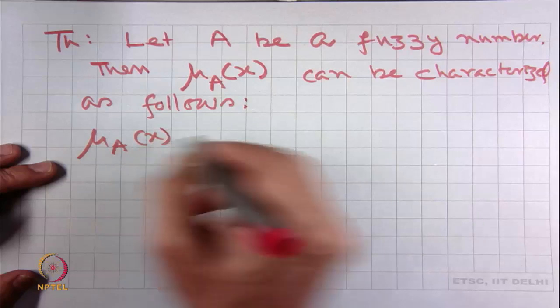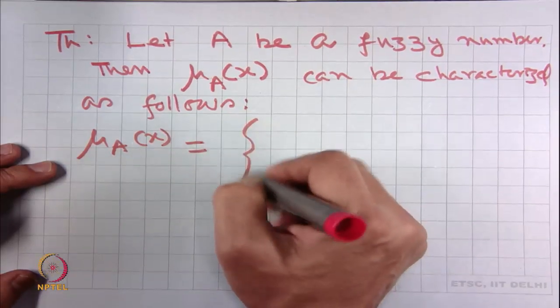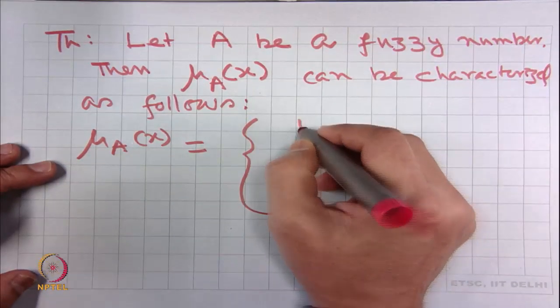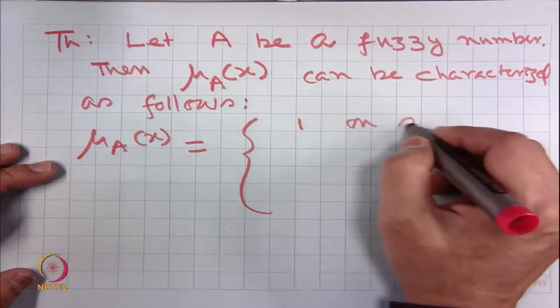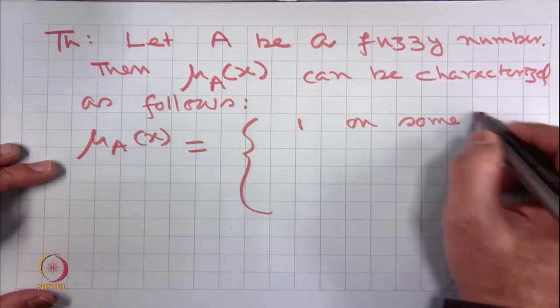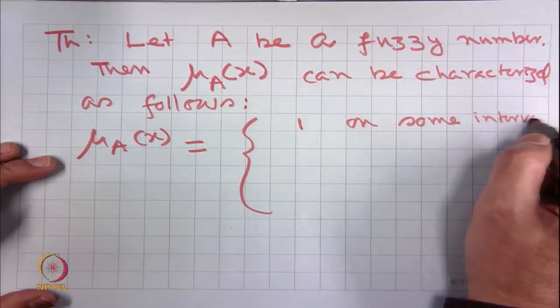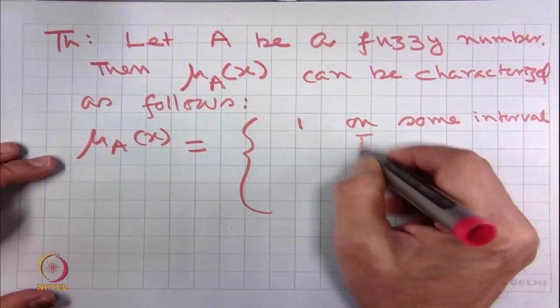Mu A of x is equal to 1 on some interval [a, b].